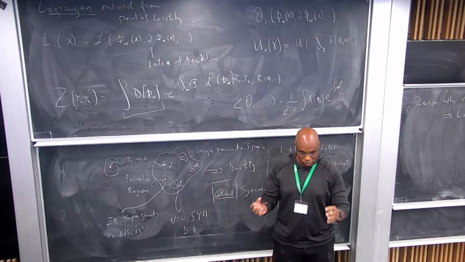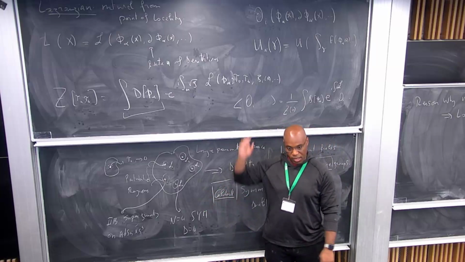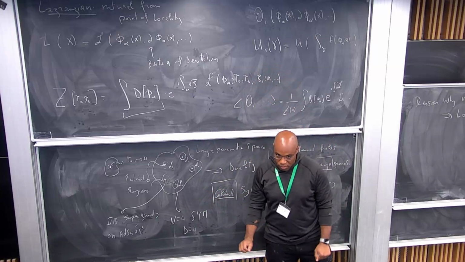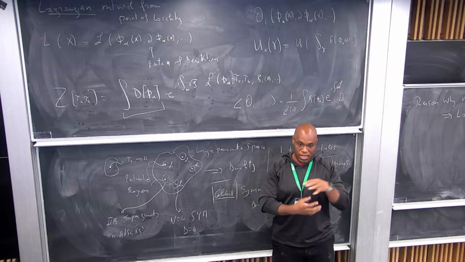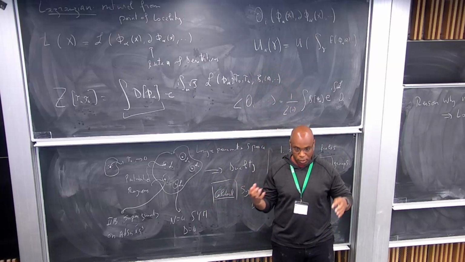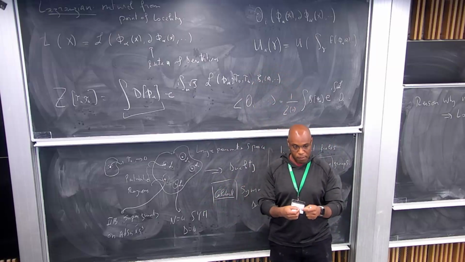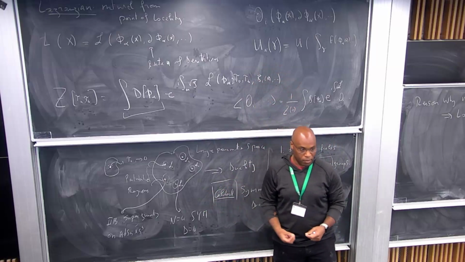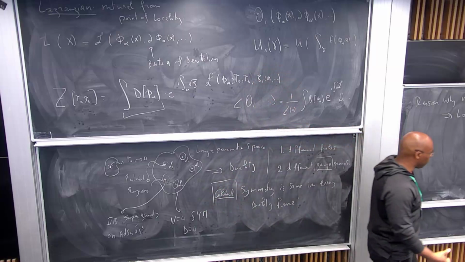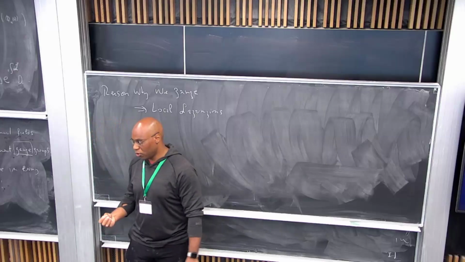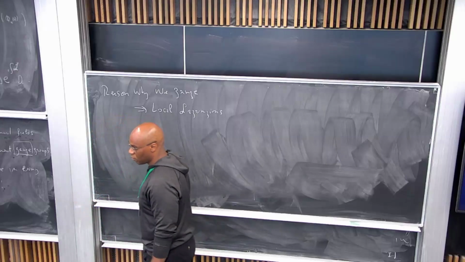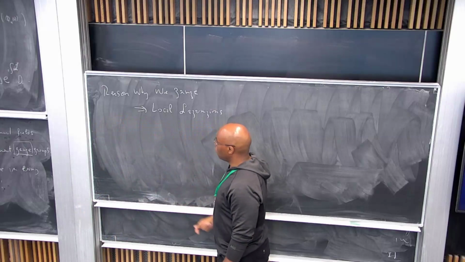We still consider that the same theory, meaning that we have the same list of operators. But then the values that they take and the correlation functions will depend on where I am in the parameter space or where I am in the space of background fields. So typically when we write a Lagrangian, we are sitting at the origin of the space of background fields. But then you can turn them on and then study.